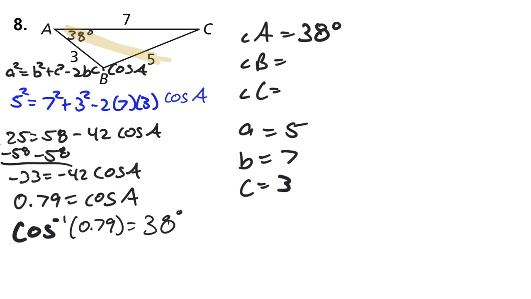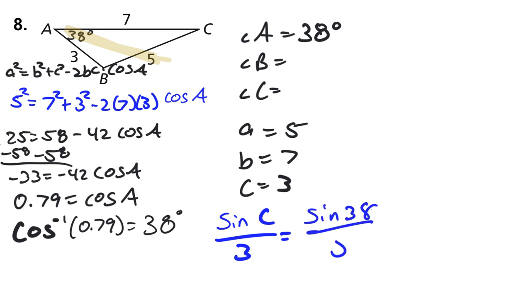So I say the sine of angle C compared to 3 is equal to the sine of 38 over 5. So I'm going to take sine 38, divide it by 5, and multiply that by 3. That gets me to say sine of C equals 0.37.